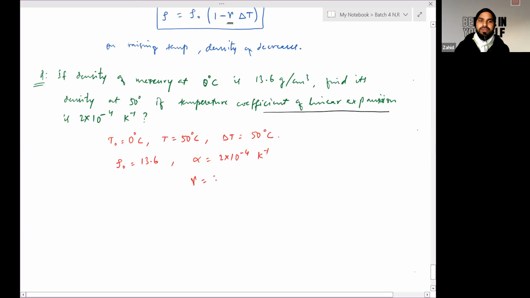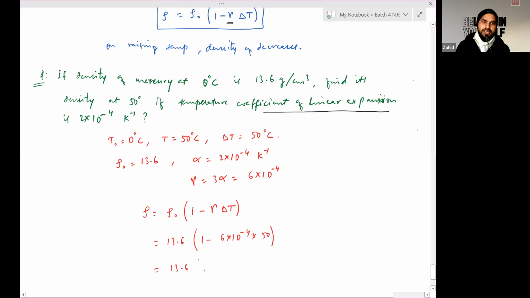So gamma will be 3 times alpha, so it will become 6 into 10 to the power minus 4. So rho equals rho naught times 1 minus gamma delta T. Rho naught is 13.6, times 1 minus 6 into 10 to the power minus 4 multiplied by the change in temperature, 50.